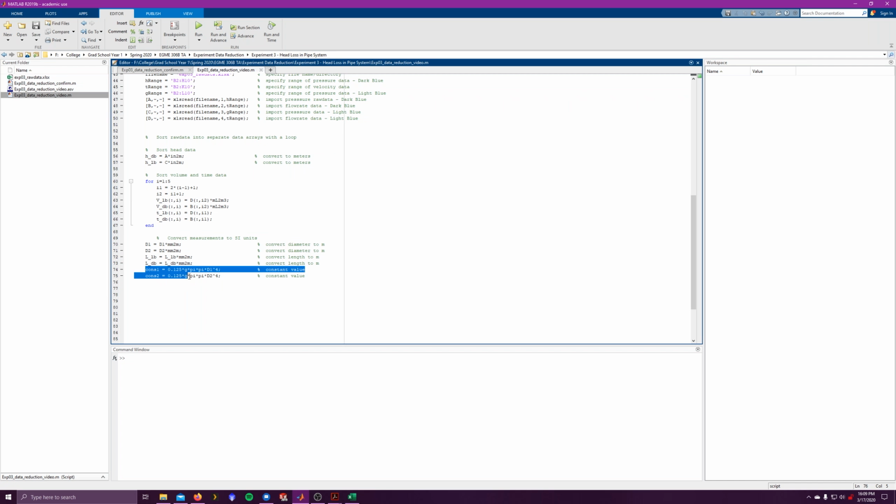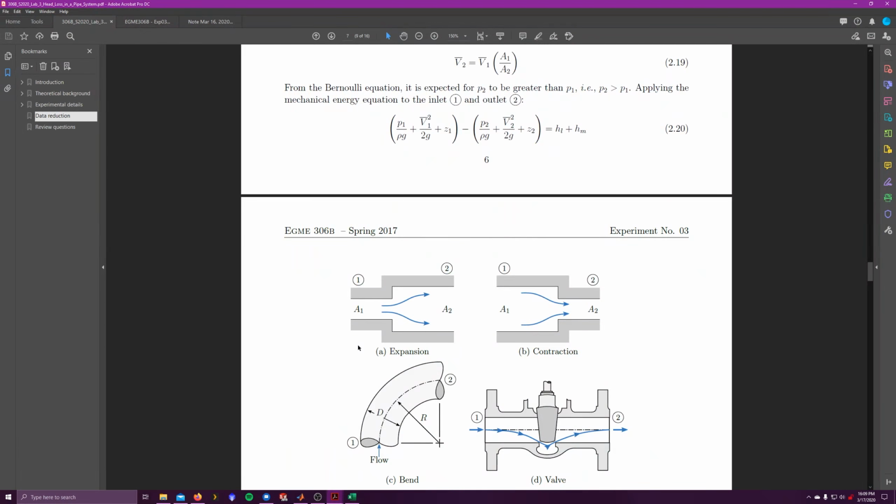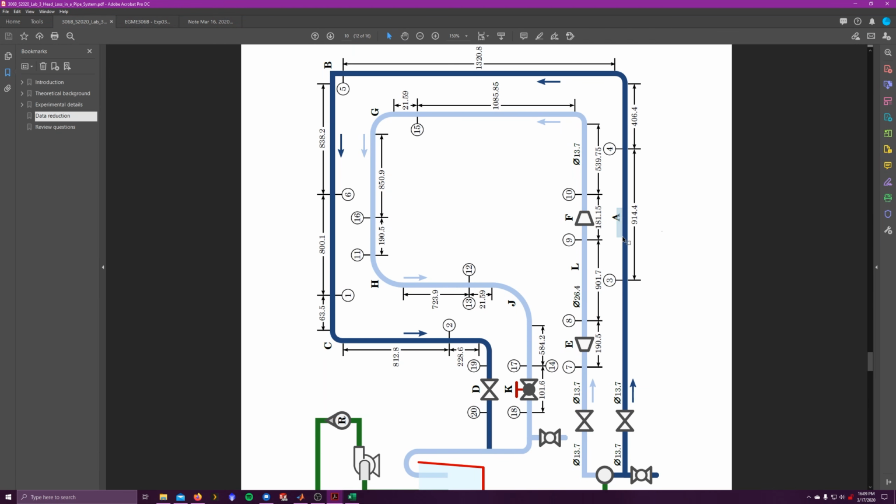And then here is something that's a little weird. I have these two constant values, so constant 1 and constant 2. The only difference between the two of these is D1 and D2, where remember we're looking at the sections of pipe A and L. So this section here, and then this section here.